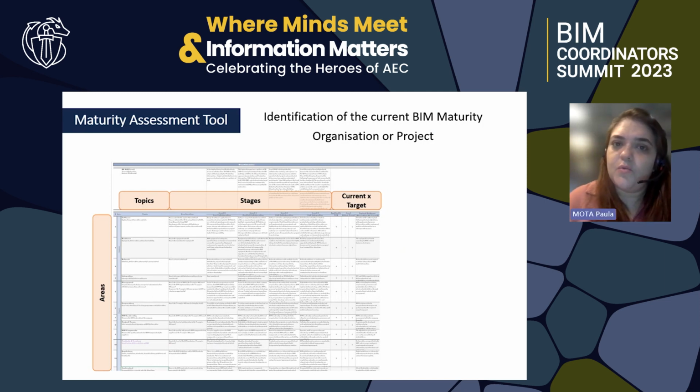We have stages, so what it means to be at stage 0, stage 1, 2, 3. And on this matrix, we can discuss with the team which stage the project or the company is currently at, and the target they want to achieve.